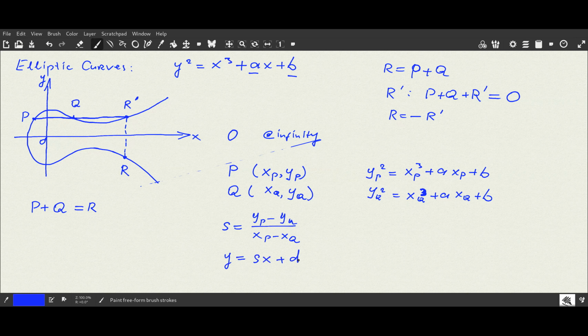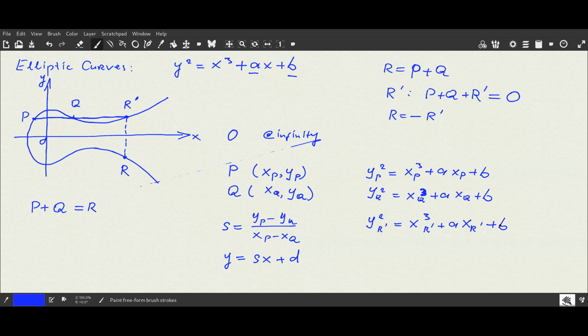Then we can say that in particular, for xr, a similar equation should hold. Let's do it first for R prime. First of all, it lies on the curve. Therefore, yr prime squared equals xr prime cubed plus a xr prime plus b.